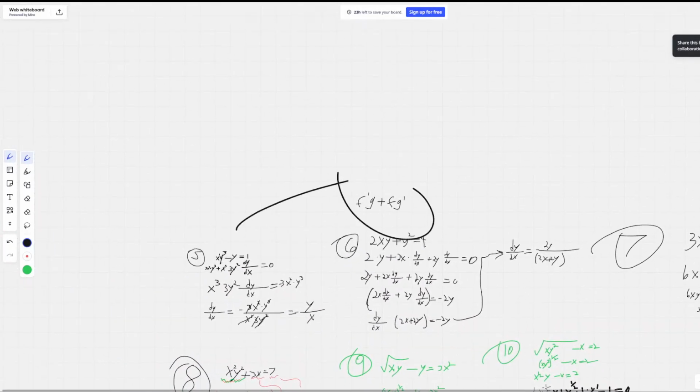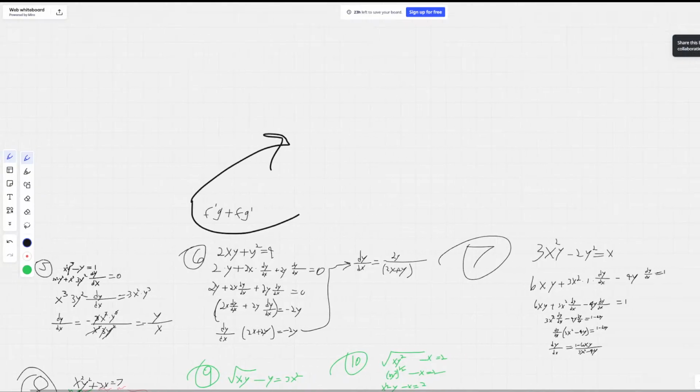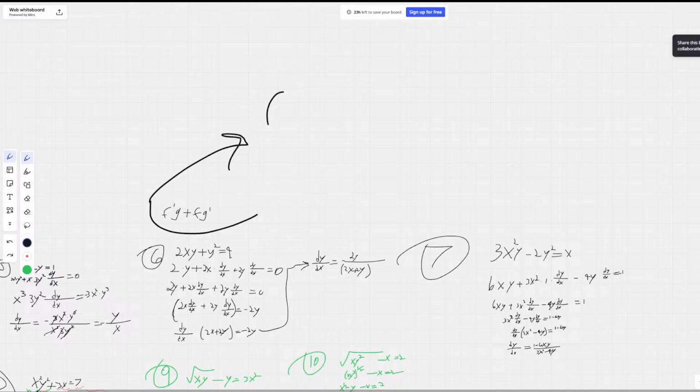Like I've written up here, F prime G plus F. It looks better when I write it on paper like that. It's a little more efficient, which is why I do it, I think.